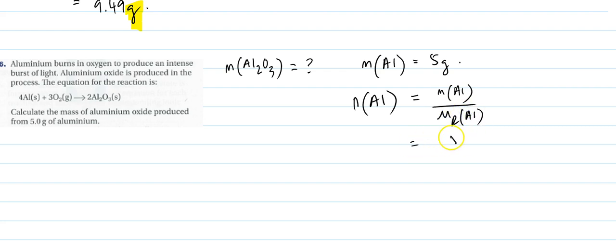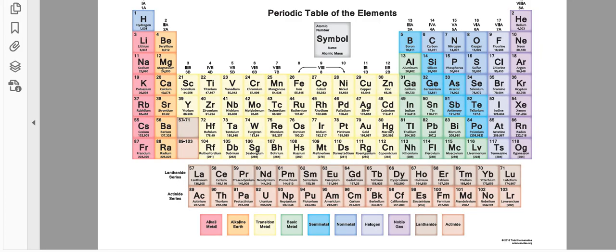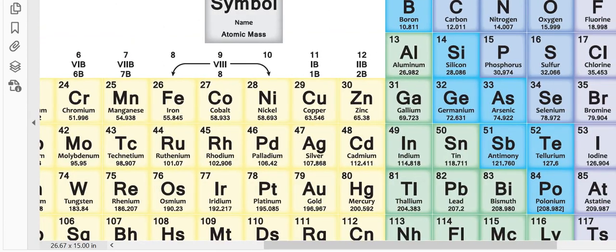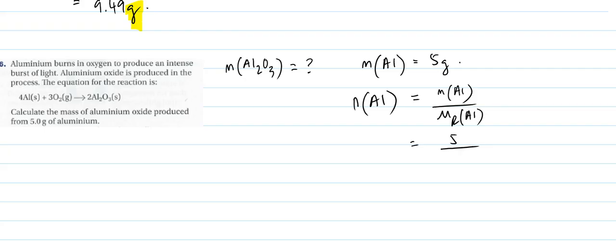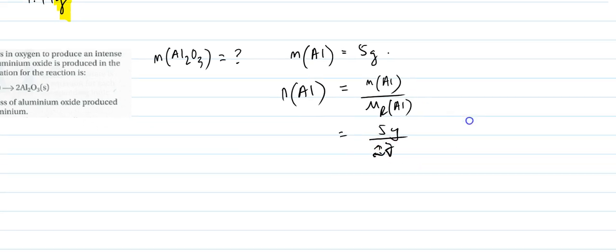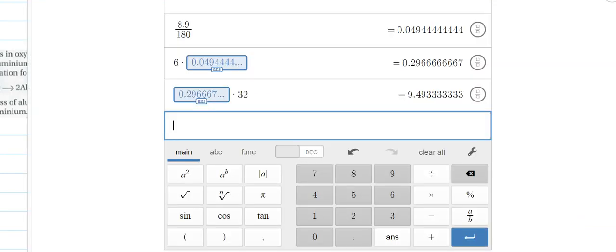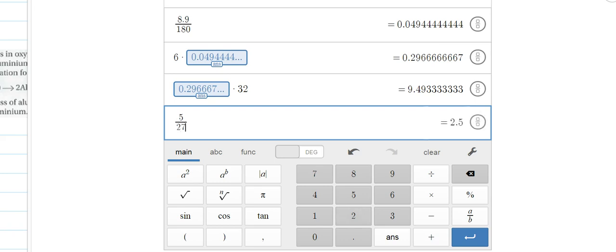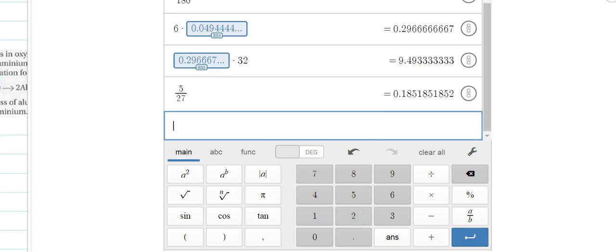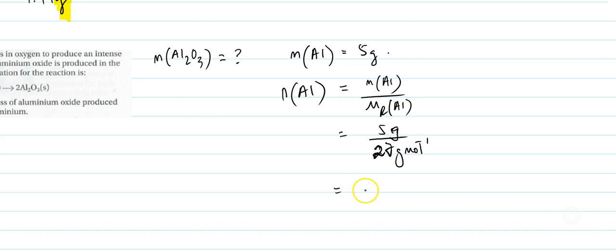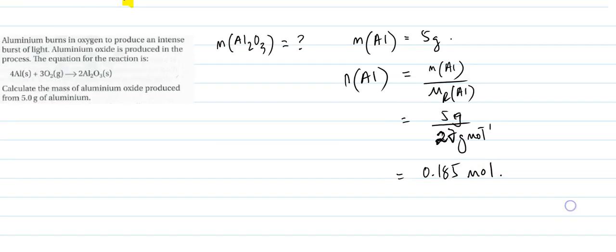I think aluminium weighs 27 grams per mole. Yep, so aluminium here, 26.982, 27 grams per mole. So 5 by 27, 0.185 mole. Okay?